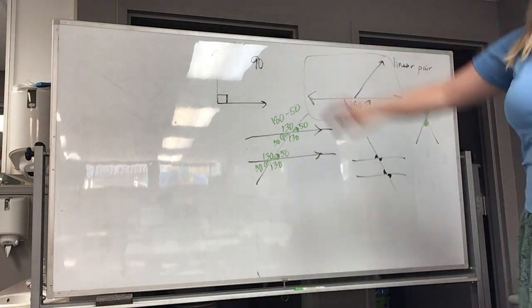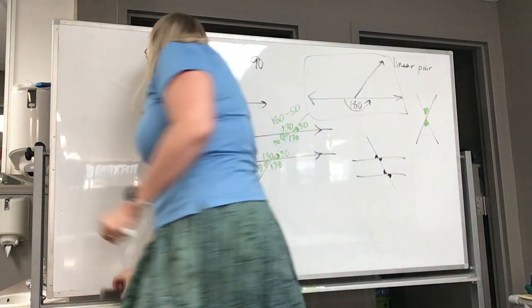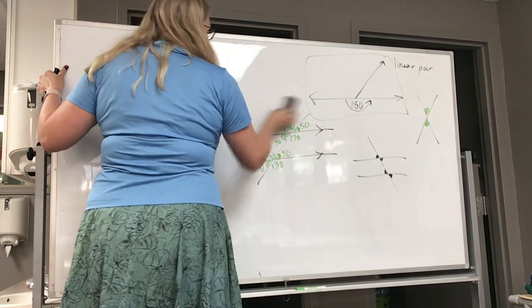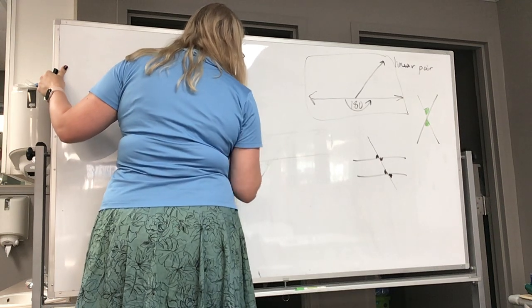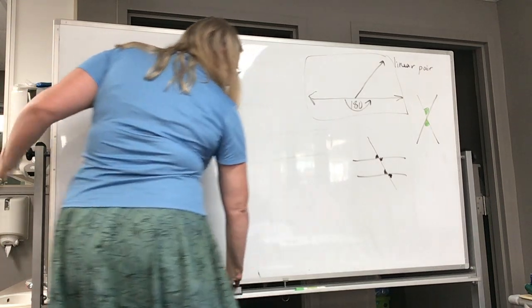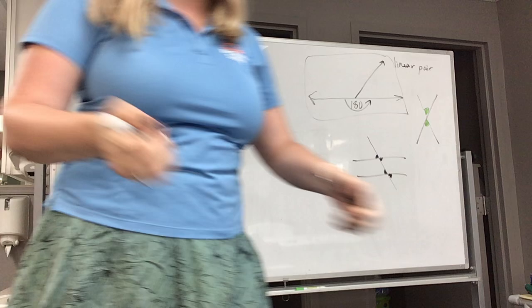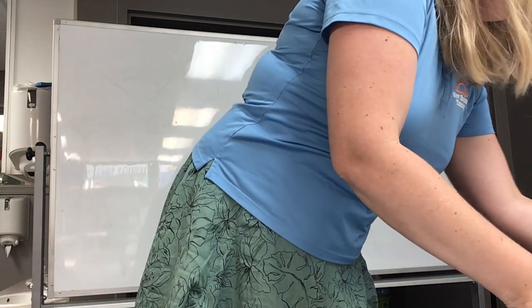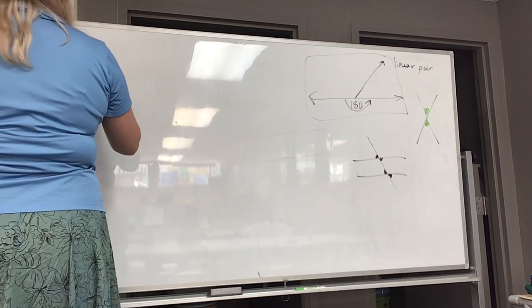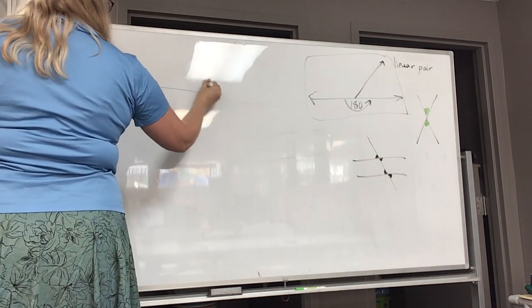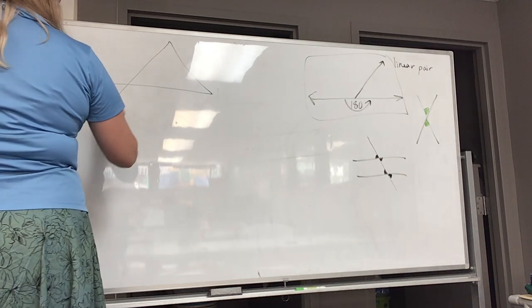I'm going to erase the right angle and this one. So we are given a drawing that looks like this.